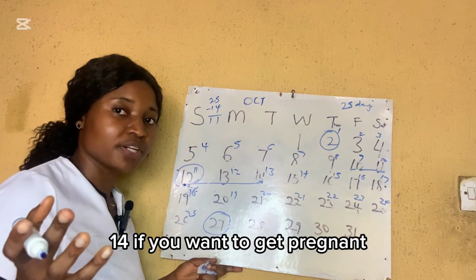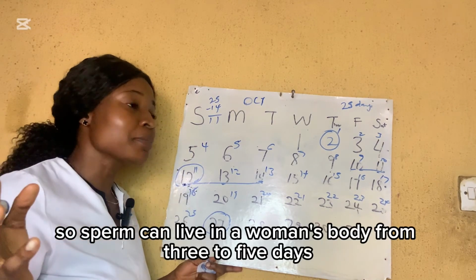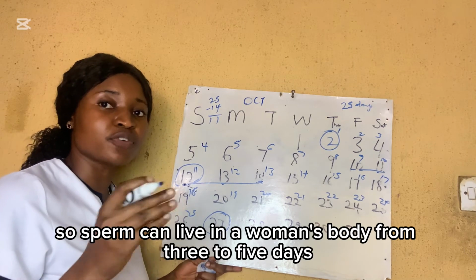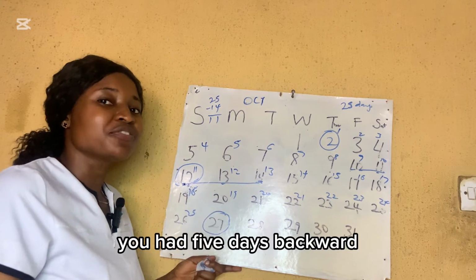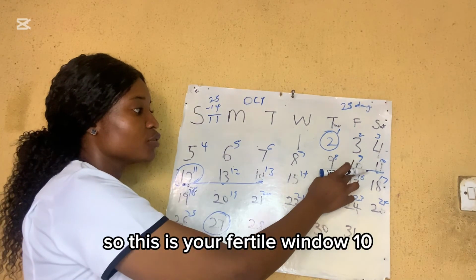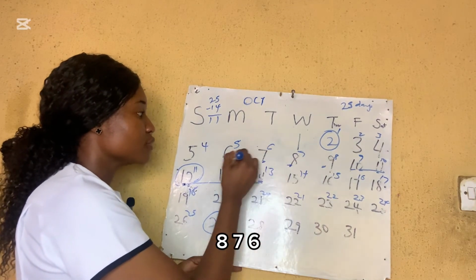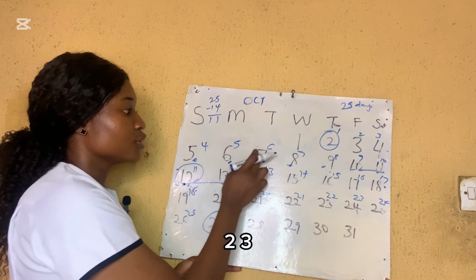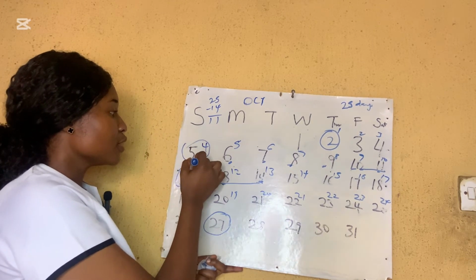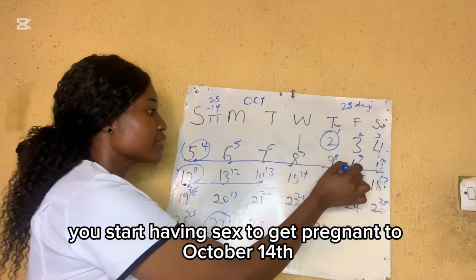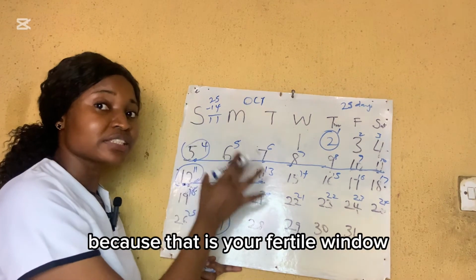If you want to get pregnant, if you are trying to conceive, you do this method. Sperm can live in a woman's body from 3 to 5 days, so we add 5 days backward. After knowing your fertile window, you add 5 days backward. This is your fertile window, 10. So you have 5 days: 9, 8, 7, 6, 5. So from the 5th of October, you start having sex to get pregnant, up to the 14th of October, because that is your fertile window.